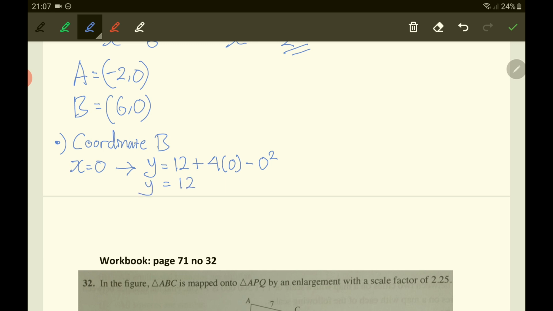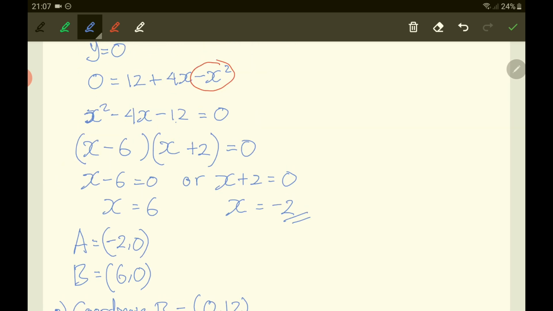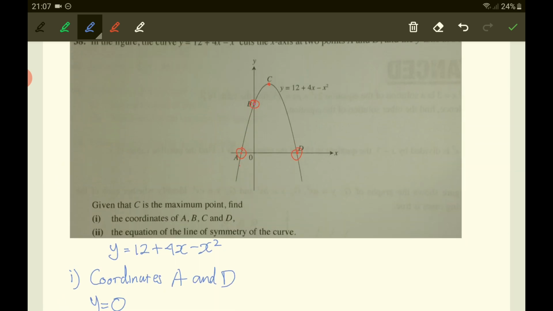So the value of y here is equal to 12. So we can say that the coordinate of B is 0 comma 12. Done. Very easy, right?